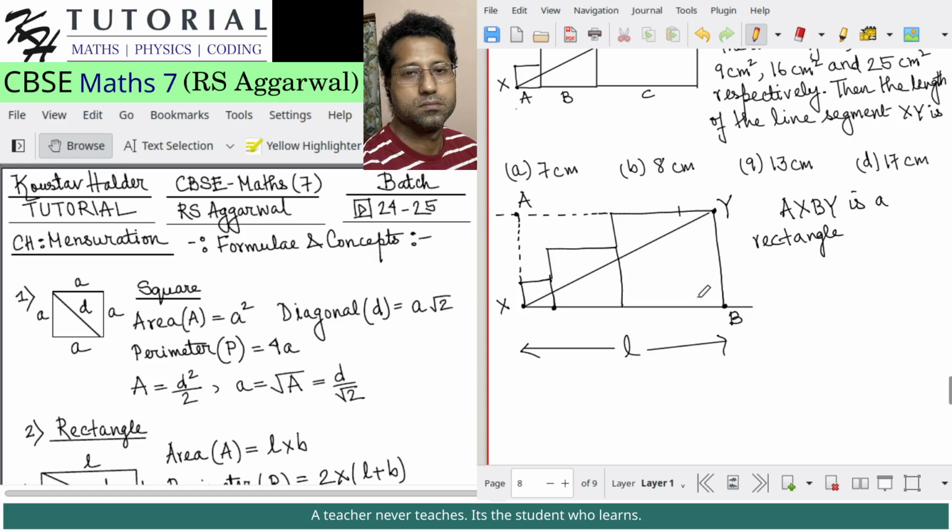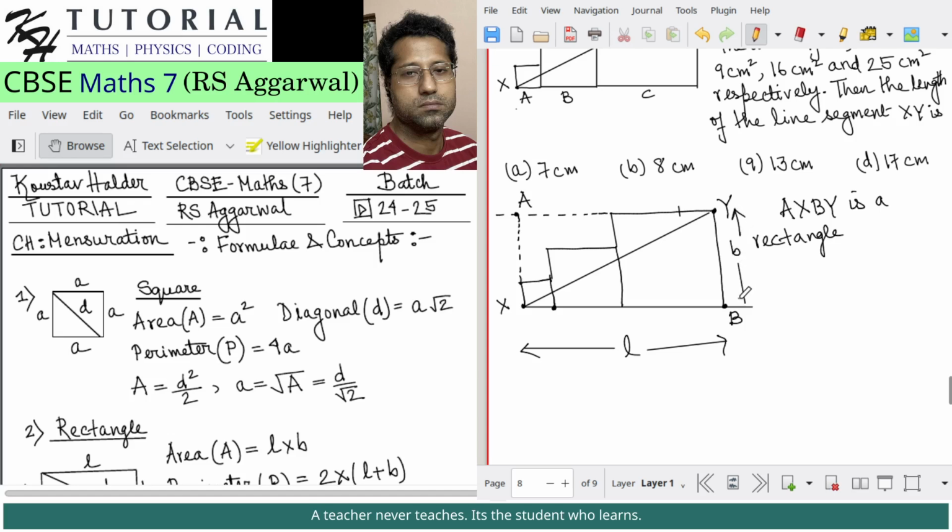I have extended the topmost side of the largest square to the left-hand side, and I have extended the leftmost side of the smallest square upwards, and they are intersecting at the point A. Then definitely AXBY will be a rectangle, and let's say the length is L, and this height will be the breadth.